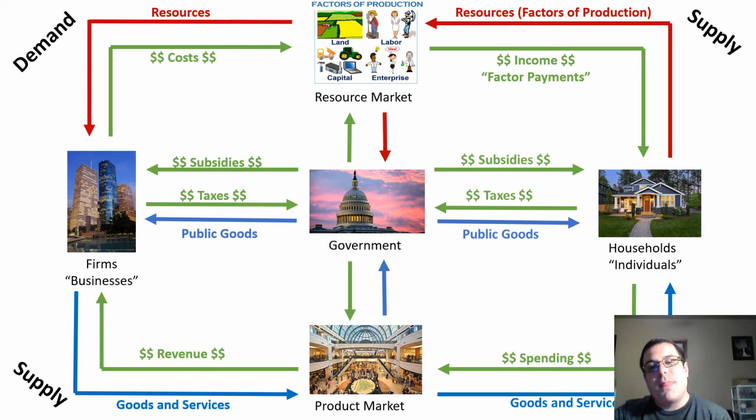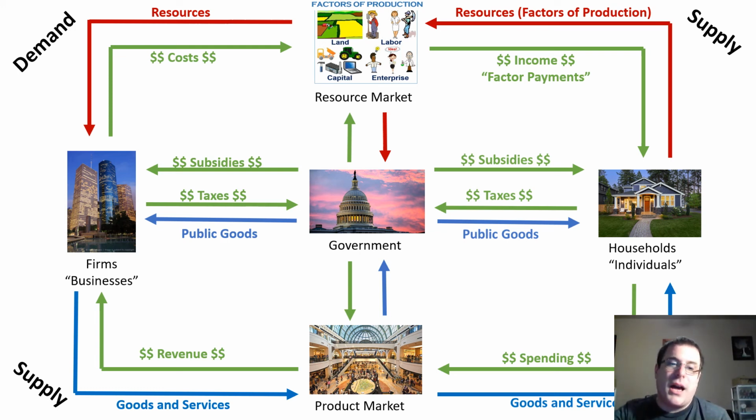So lastly, this is where we'll leave off. This is something we will get into a little later, but it's the idea of supply and demand. If you notice in the corners, you see demand and supply. Like if you just look on the firm side, they have demand, they have supply. So firms, businesses, have a demand for resources.